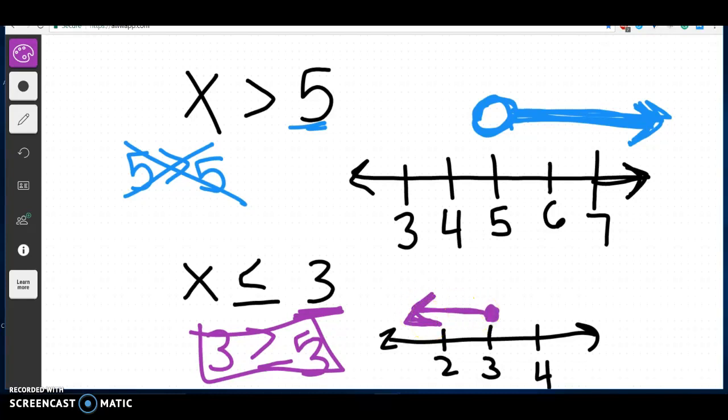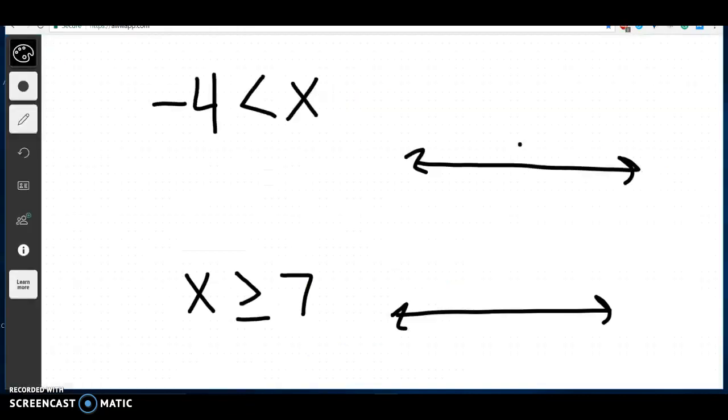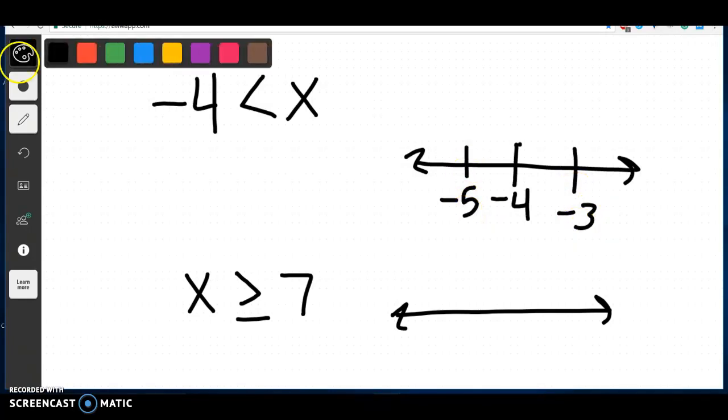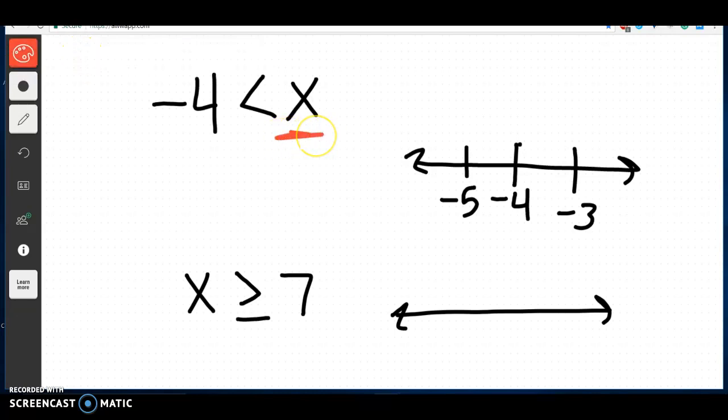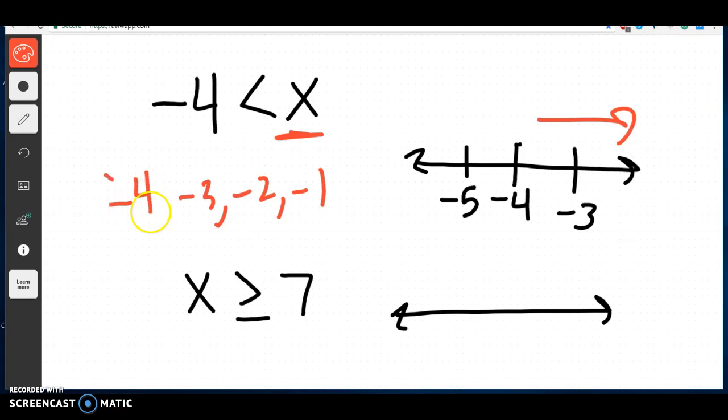Let's do a couple more. We're going to look at this one right here. Again, I want to center on the number that I care about. This one says x is bigger than -4, so the numbers that would be bigger than -4 would be like -3, -2, -1. So it's going to go off this way. Because it's not equal to, I don't get -4, so we make an open dot.